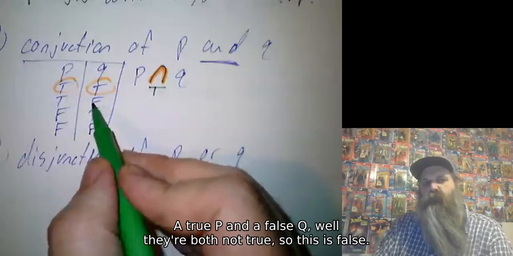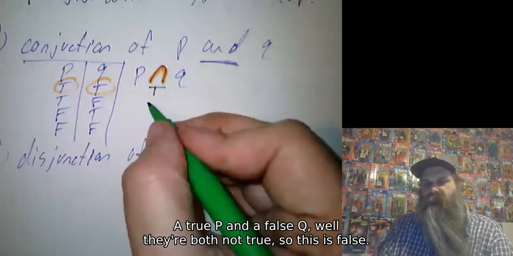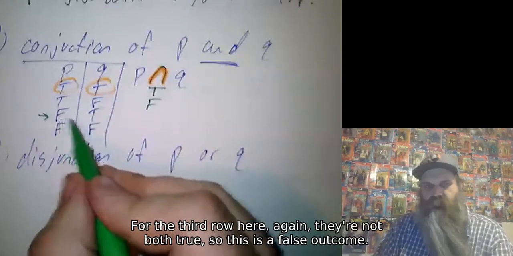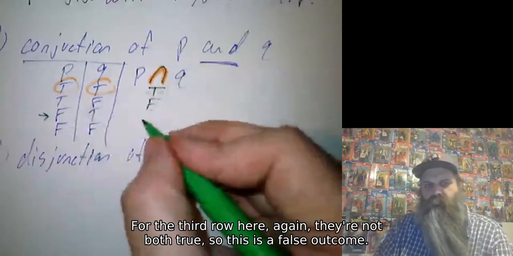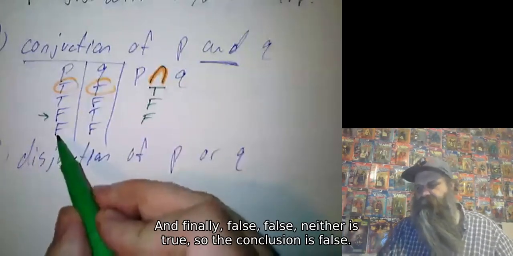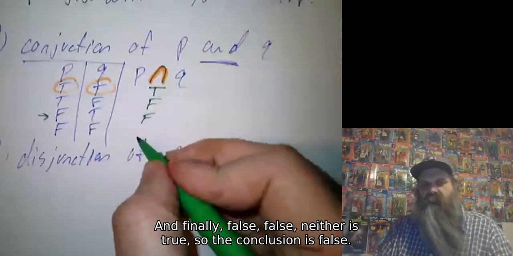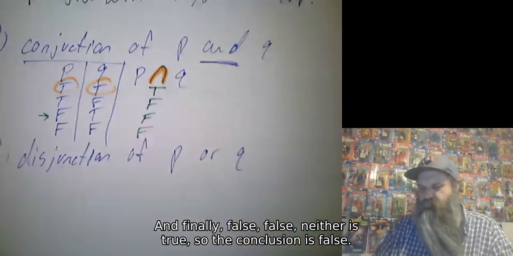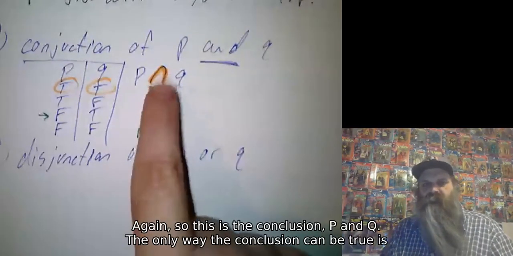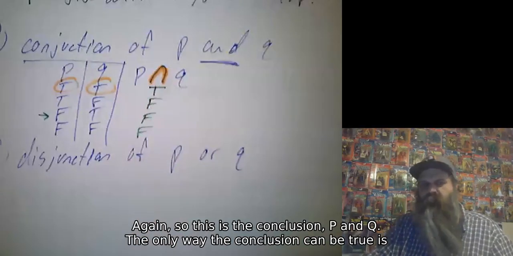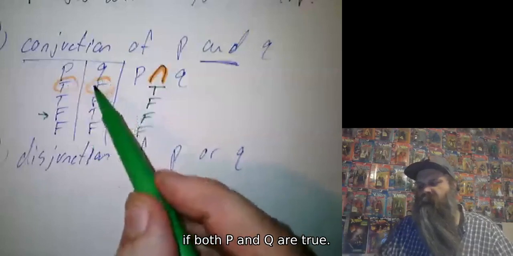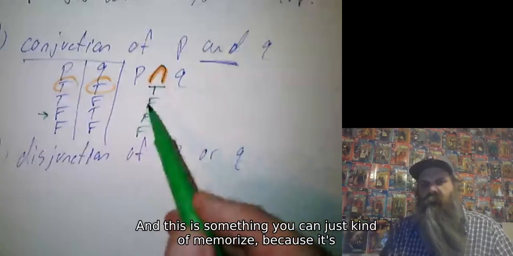A true P and a false Q, well, they're both not true, so this is false. For the third row here, again, they're not both true, so this is a false outcome. And finally, false, false, neither is true. So the conclusion is false. Again, so this is the conclusion, P and Q. The only way the conclusion can be true is if both P and Q are true.